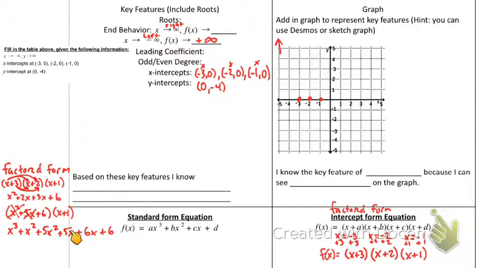All right? So x to the third. There's nothing to combine, so we're just going to write it here. So again, x to the third. Bam. X to the second, we have another x to the second. So 1 plus 5 gives me 6x to the second.